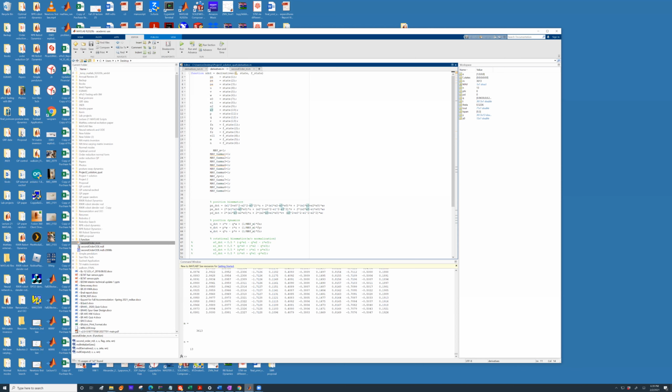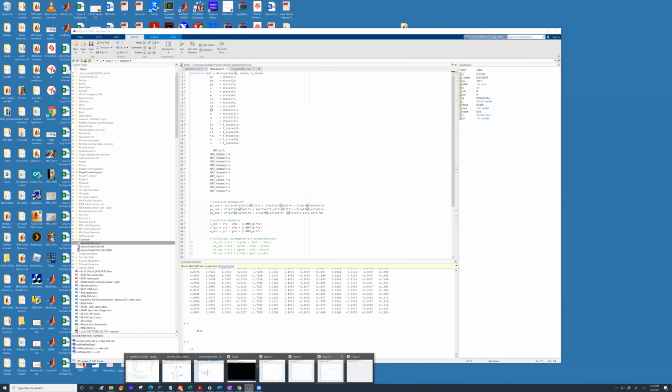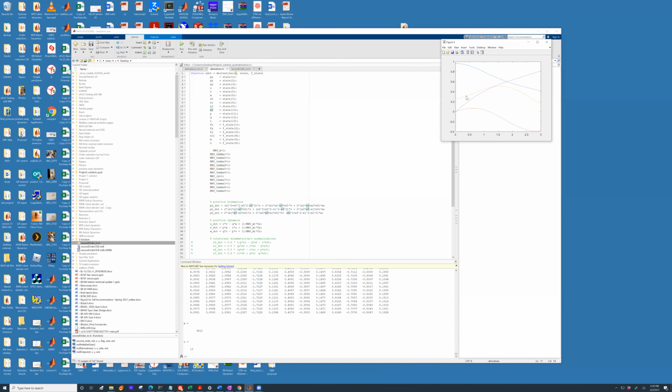These 4 states, which is nothing but the propagation of the quaternion, are plotted in this figure. So as you can see, you have this quaternion. That is how the quaternion is propagated.